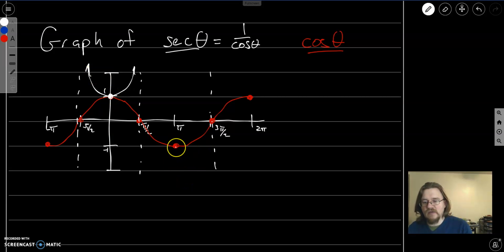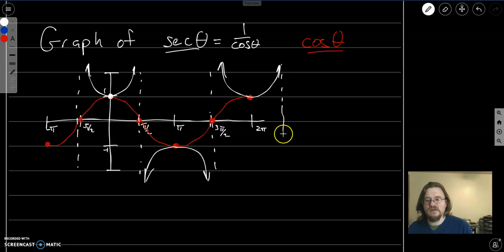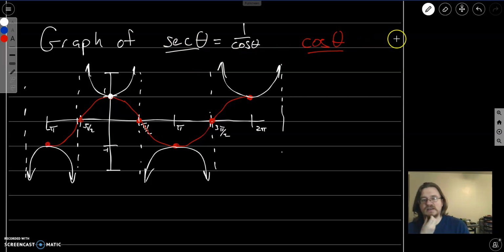And then the same thing will happen down below, with another asymptote out here, and likewise the same thing will happen down here. So the secant and the cosecant look very similar. We've got this sort of bowl and turned over bowls on the top and the bottom.